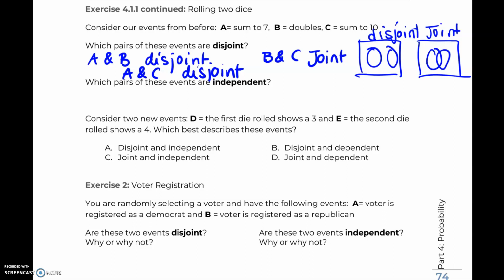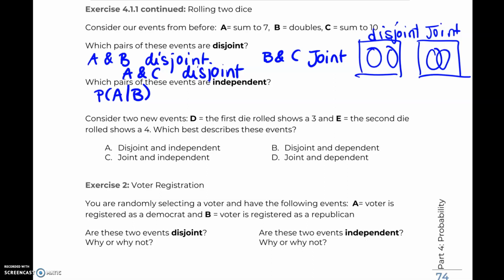Oftentimes people confuse joint and disjoint with independent and dependent. So remember, independent and dependent is a little different. This is looking at the fact that one already happened. Does that change the probability of the other one? Well, let's look at the probability of A given B. So this is the probability that we already have doubles.